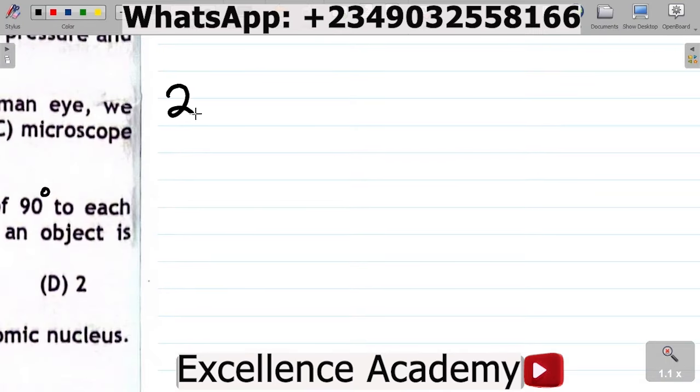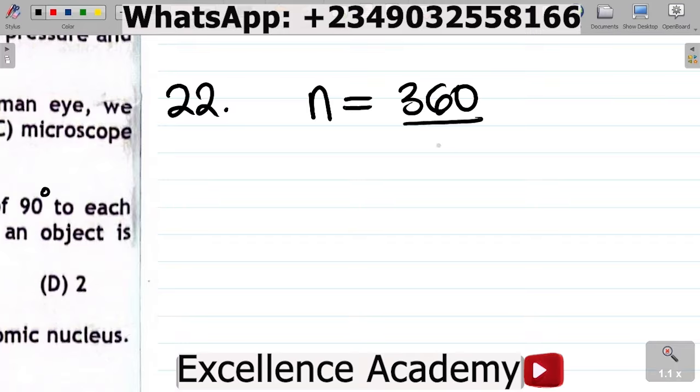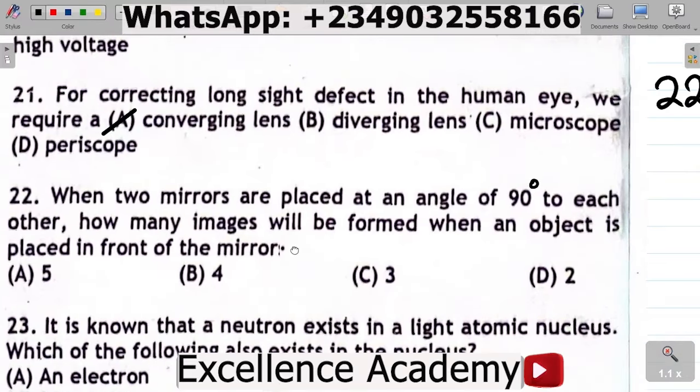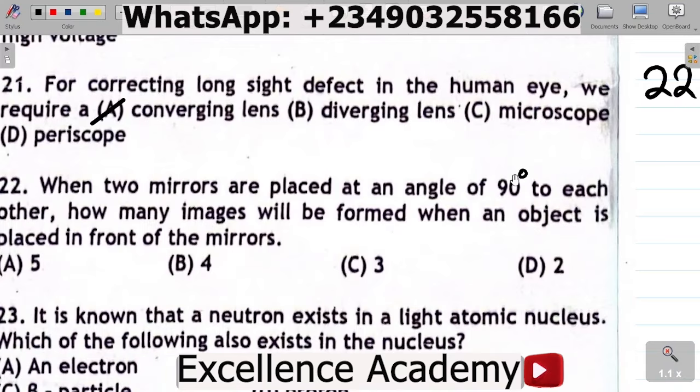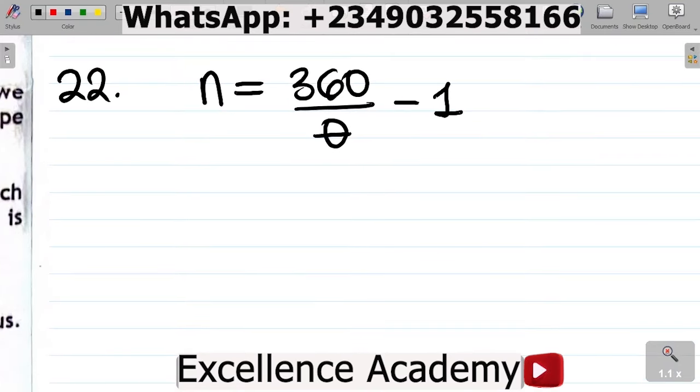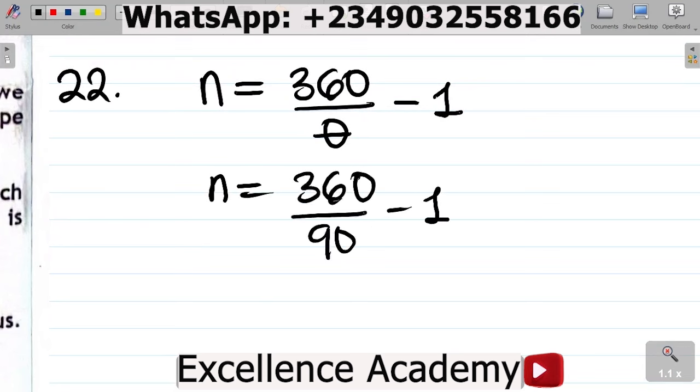For 22, you need to know the formula that the number of images formed, N, is given by 360 all over the angle, minus 1. So that's the formula. Now with this, let's input the value. They said at an angle of 90 degrees, so that means theta is equal to 90. We'll have N is equal to 360 all over 90, minus 1.